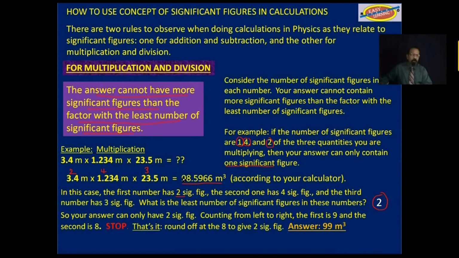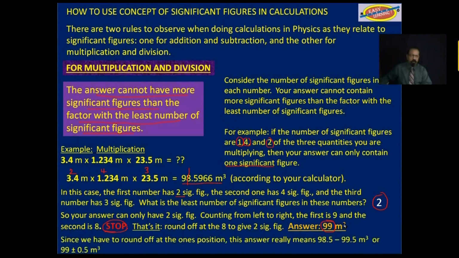So we count from the left going to the right. We count the 9 as 1. We count the 8 as the second one, and we stop. So we have to round off at the ones position where this 8 is. So you're rounding off 98.5966 to the nearest ones, and your answer is 99 cubic meters.